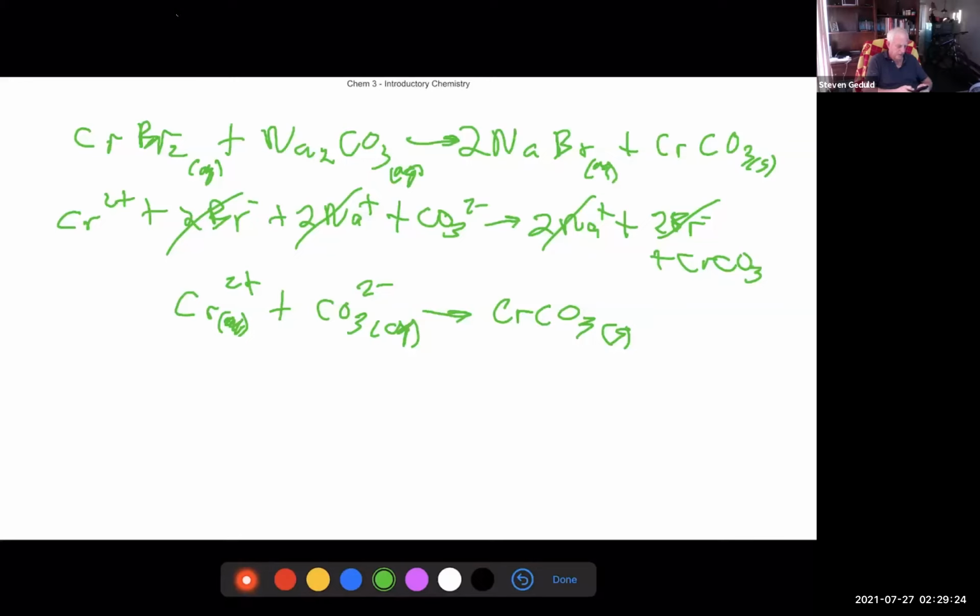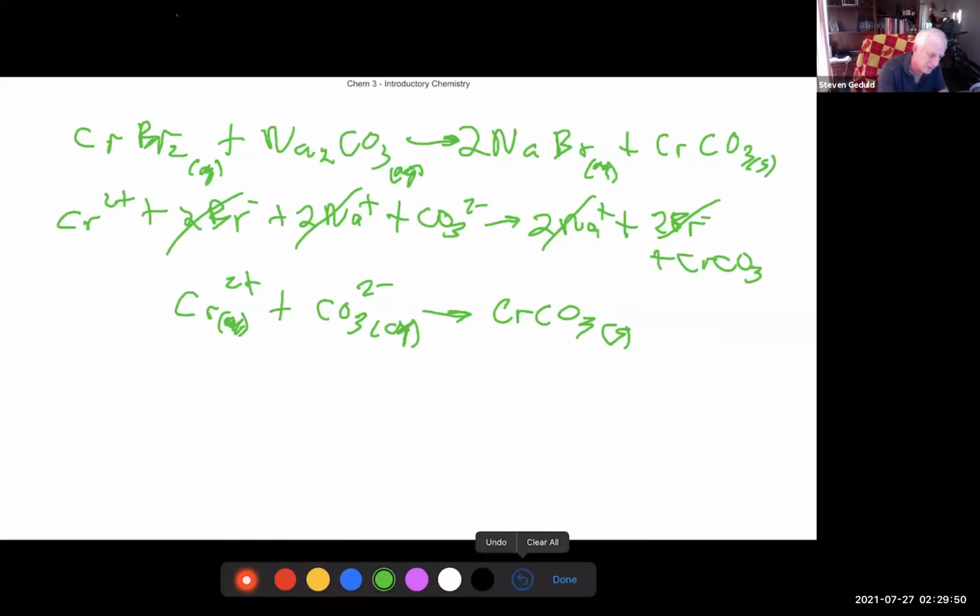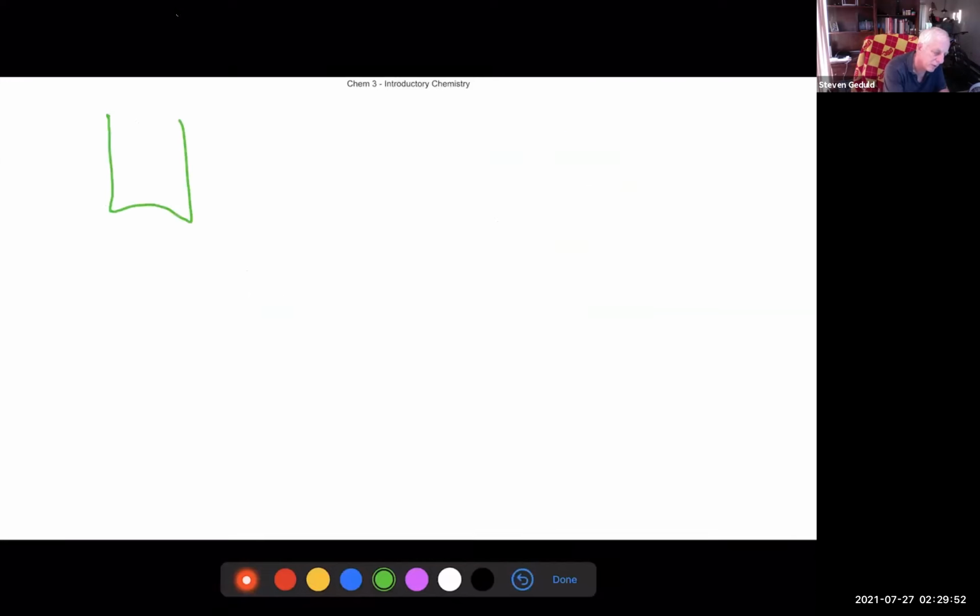Next one says, when completely filled with water, a beaker and its contents have a total mass of 351.25 grams.